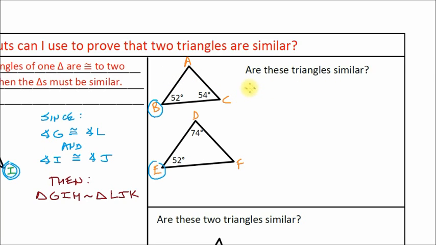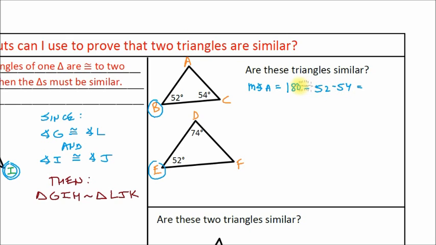So let's find the measure of angle A. The measure of angle A is going to be equal to 180 minus 52 minus 54. Those are the two angles I know in that triangle. Let me fix this real quick. Make sure that looks like a 5 for you guys.